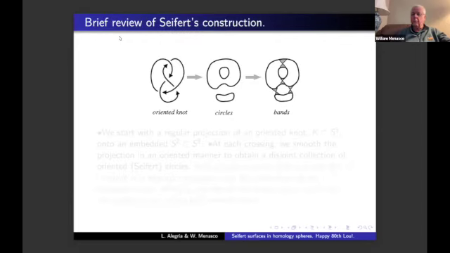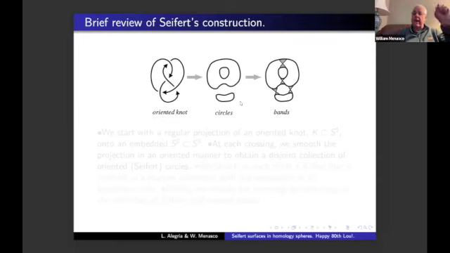So just a brief reminder of how this construction goes, because I'm actually going to try to play off of it. You're given a knot projection. Here on the left, I've got the oriented knot. You smooth the crossings and you get a bunch of circles. Since this is a planar graph, you end up with a disjoint collection of planar circles, and they're oriented. The orientation is induced by the orientation of the original projection.